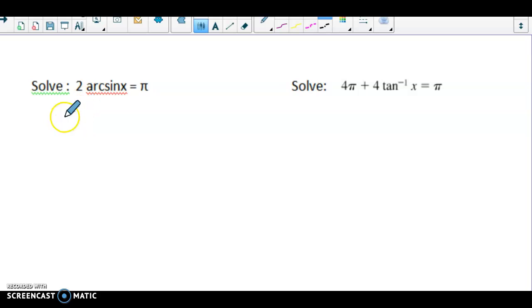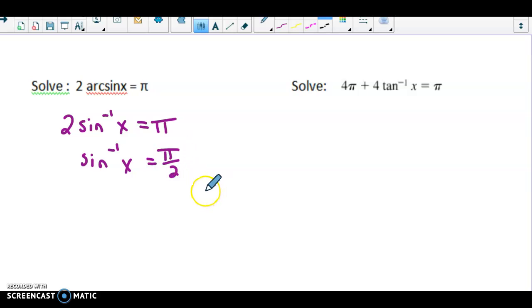Here we go. We have 2 arc sine x equals pi. I want to get x all by itself, right? First thing, let's divide by 2. Now, to undo inverse sine, we're actually going to take the sine of both sides.